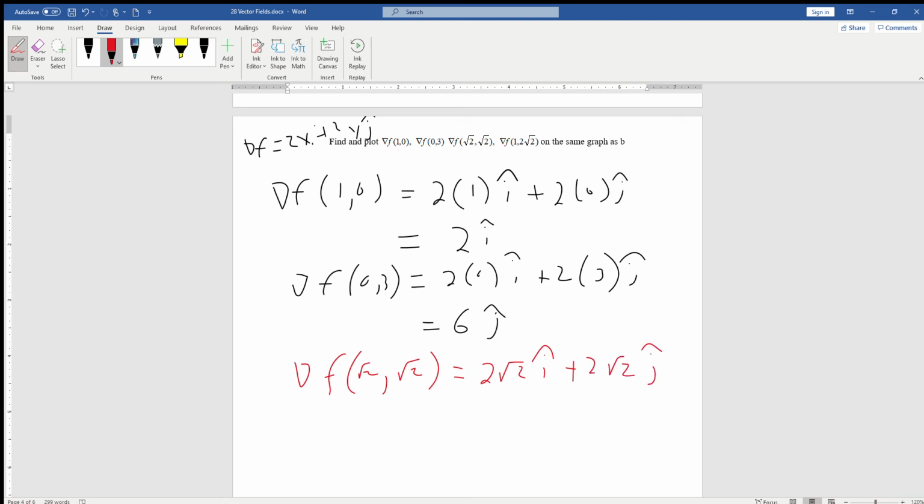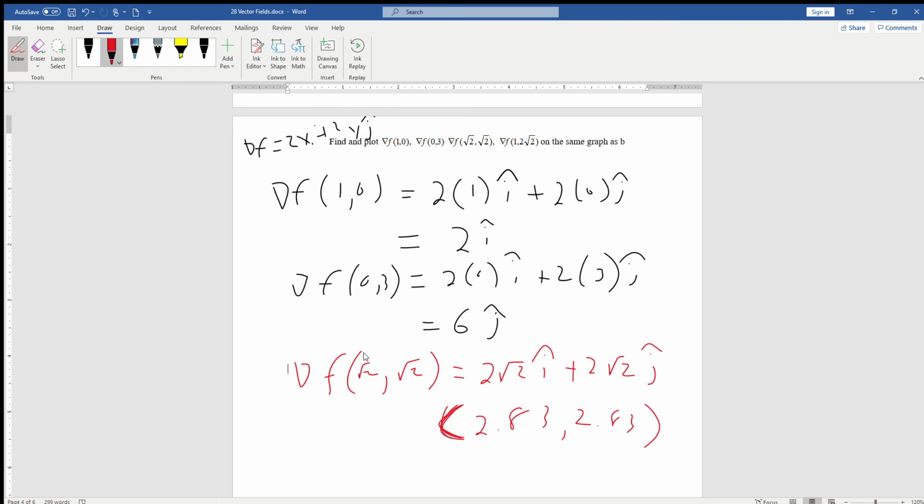Now if we were to approximate 2 root of 2, which might not be a bad idea, 2 roots of 2 is 2.83 approximately. So we could just do it in the hard brackets, [2.83, 2.83]. And so we would go to the point root 2, root 2.